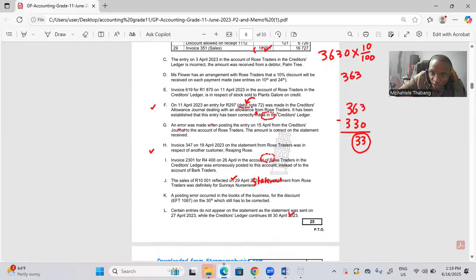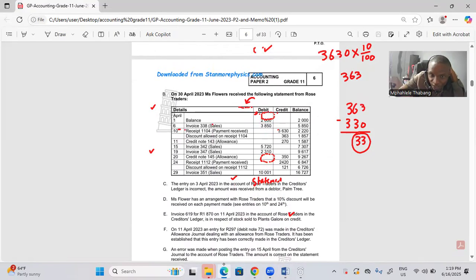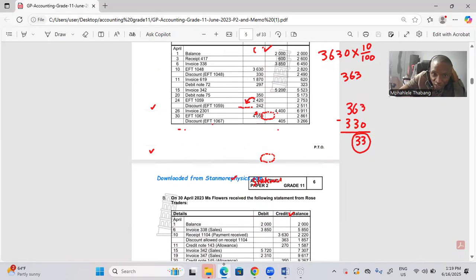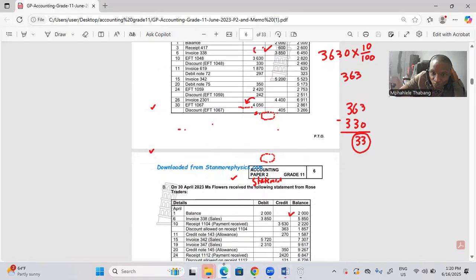And then let's check the entry of the 24th. On the 24th, the discount is 121 in the statement. Let us check in the creditors ledger. It's 242. Okay, it's 242.